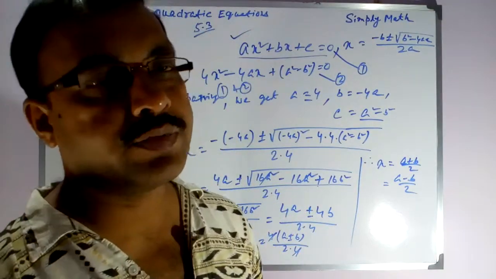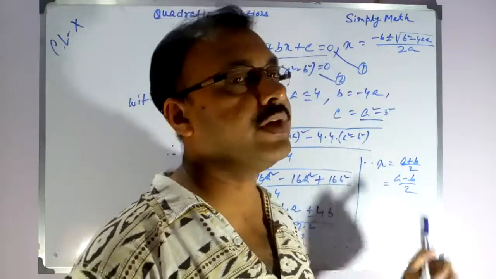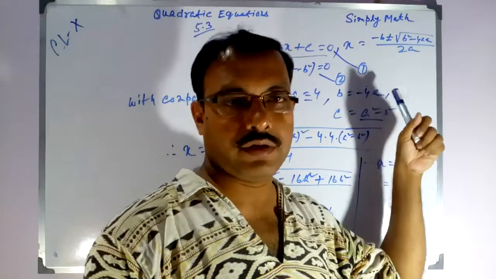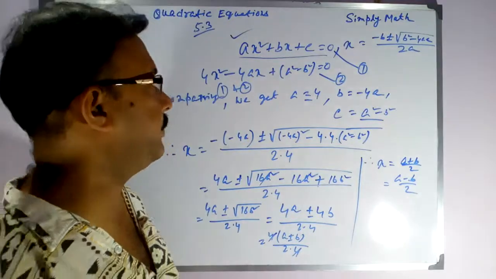Any equation you have, take it and just compare with x square plus bx plus c, and then put the value in this formula and you will get the result. Now we take another problem.